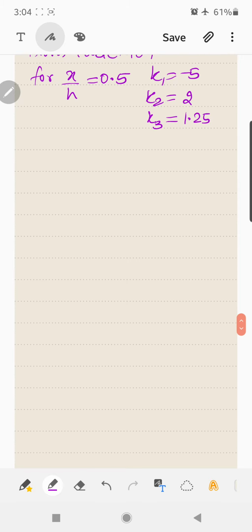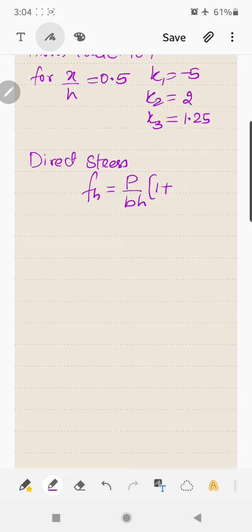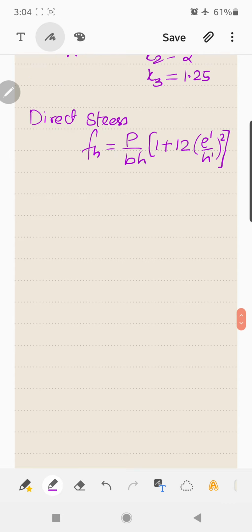Now after calculating this, we will calculate the direct stress. The direct stress Fh, its formula is P by B into H, into bracket 1 plus 12 E dash by H dash, whole square, or it can be calculated by P by B into H for concentric.